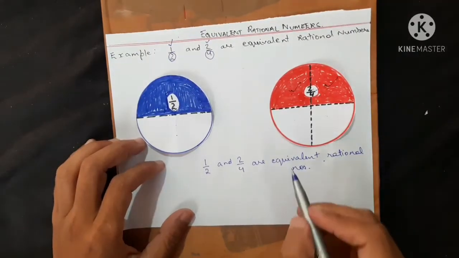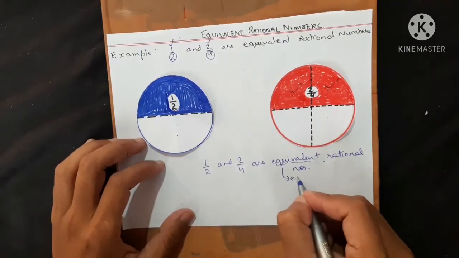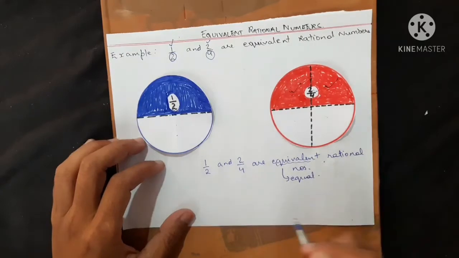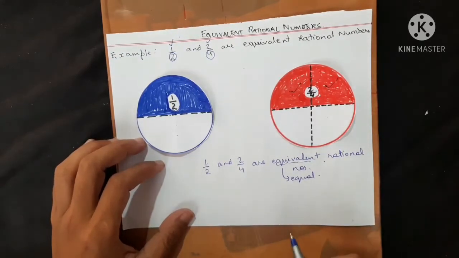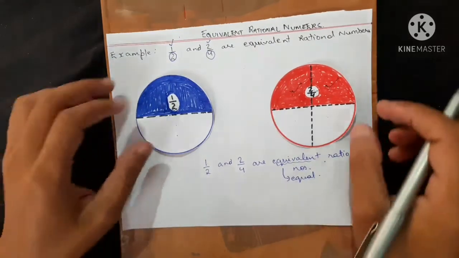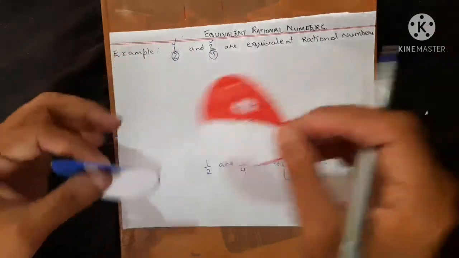The word equivalent comes from the word equal. So 1 by 2 and 2 by 4 are equal rational numbers. Let us take more examples of equivalent rational numbers.